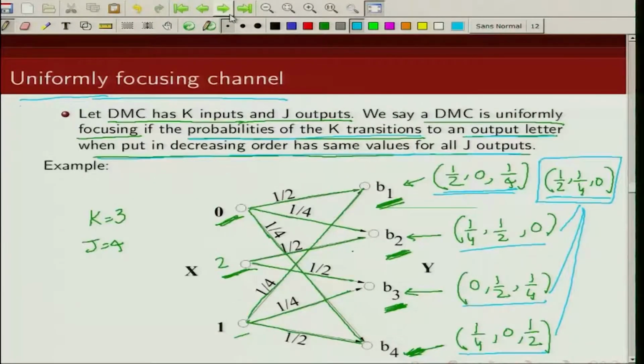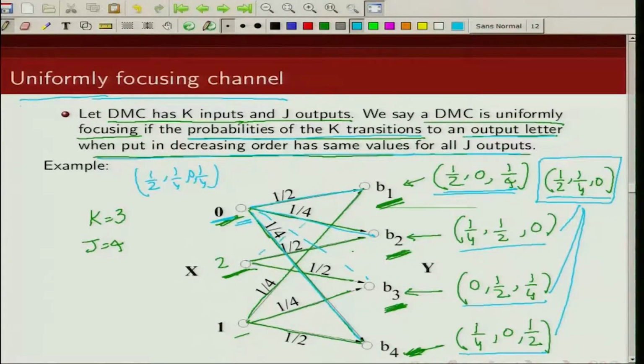Similarly, look at this example. Is this a uniformly dispersive channel? For a uniformly dispersive channel, we need to look at the transition probabilities leaving each input. For input 0, these transition probabilities are half, 1 by 4, 1 by 4. For this input, they are half, 1 by 4, 0, and 1 by 4.